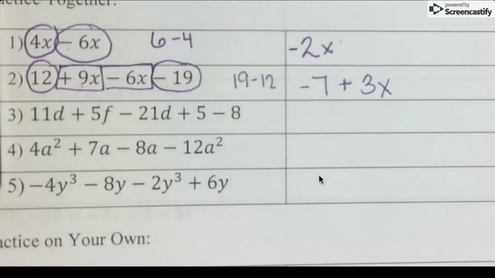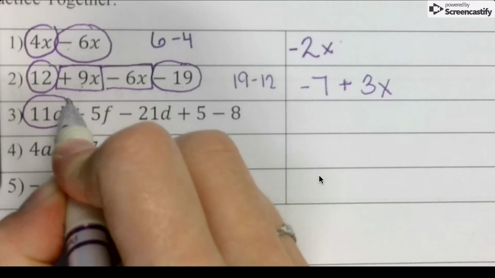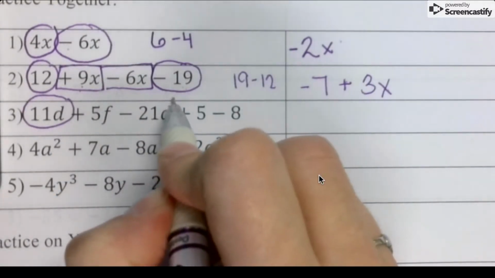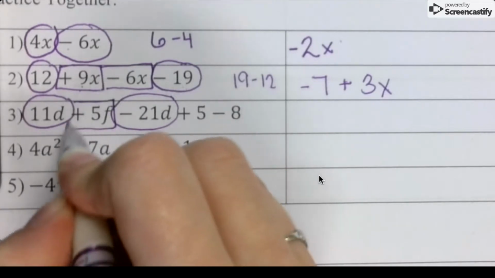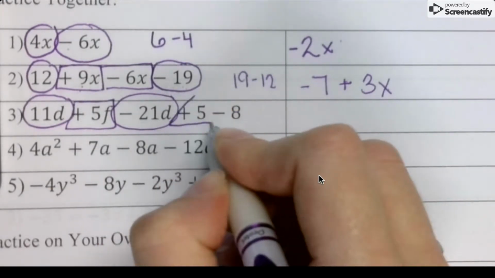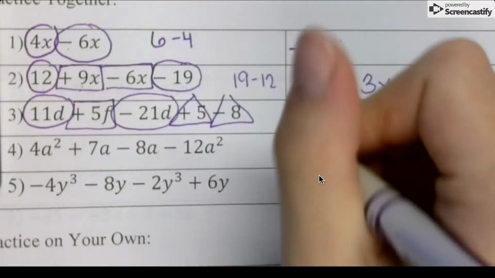Alrighty. Drinks is in a tree together. Fries are in a tree together. And then my money will be in a separate tree. Okay? So if I add my drinks together, I have 11 drinks and I take 21 drinks away. They're different signs.